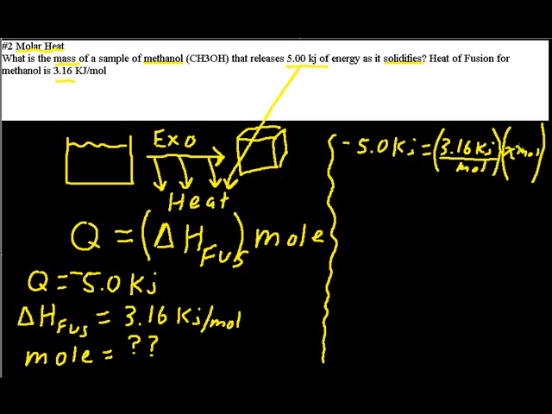So what happens is we cancel out the moles, we multiply through, and we have negative 1.58 is equal to X, which is the mole count.